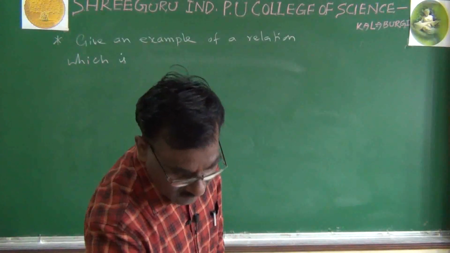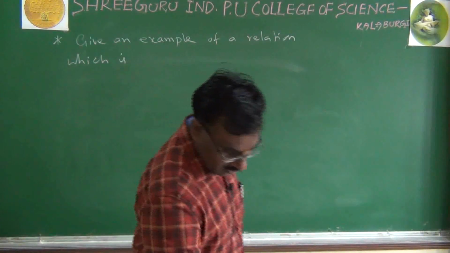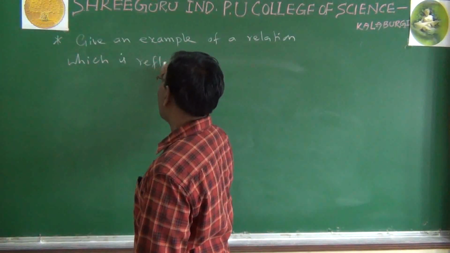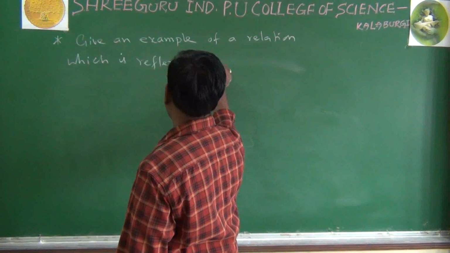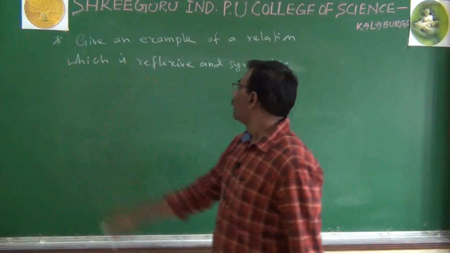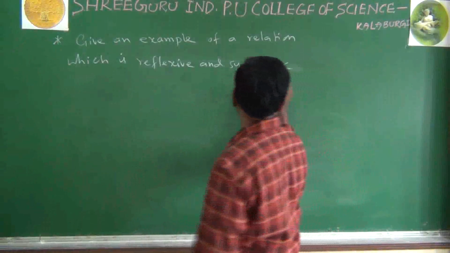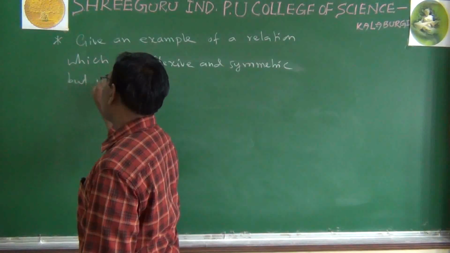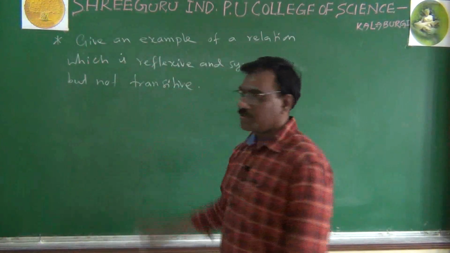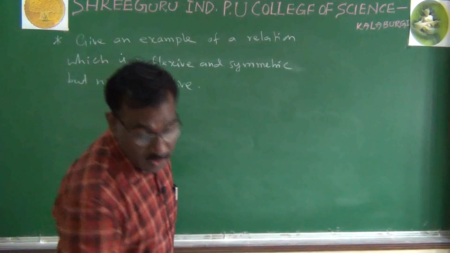Give an example of a relation which is, third problem, reflexive and symmetric, but not transitive.